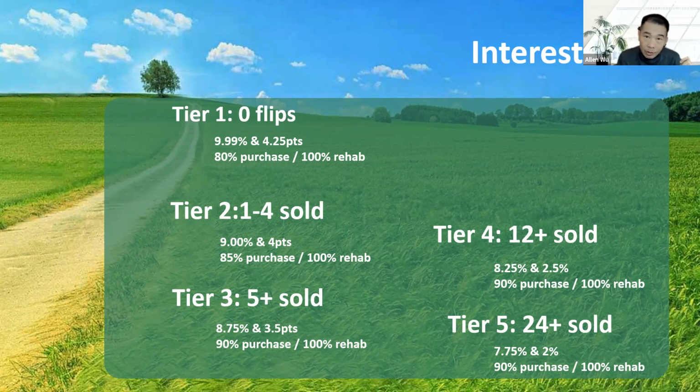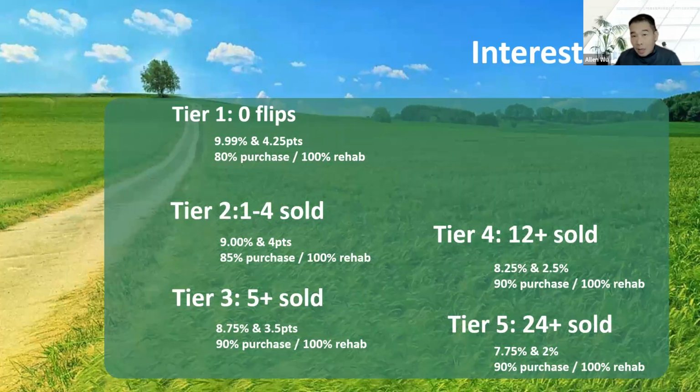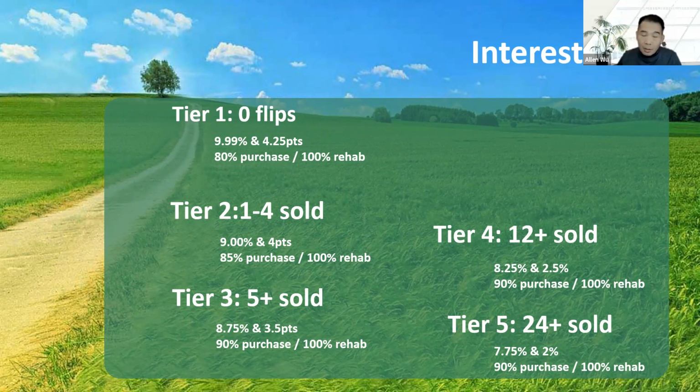Yes, we can definitely do that, but that is for experienced clients only, meaning that if somebody has done 20, 30 flips in the last 36 months, yes, we have that option for them. But if you take 100%, the interest rate is going to be higher than if you put down some skin in the game, versus if you put down 10% or whatsoever. So that's just to give you an idea of what it looks like.